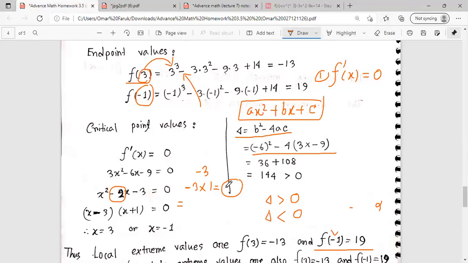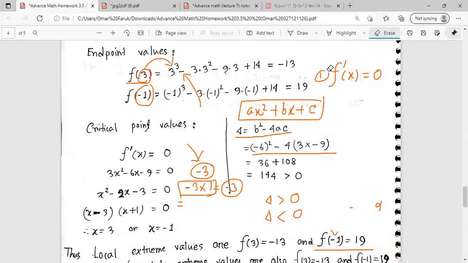Yes. That means the multiplication of the coefficient and the constant value is minus 3. So we know that we can divide this 2x like minus 3 and 1.